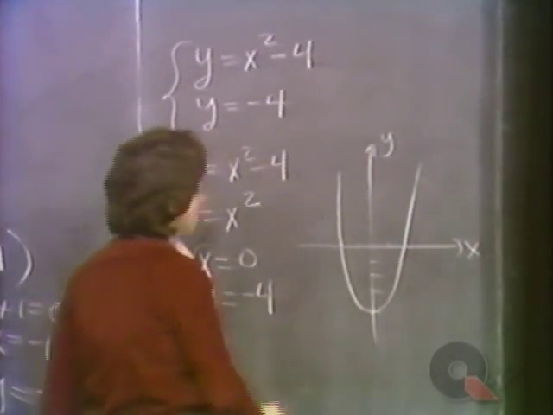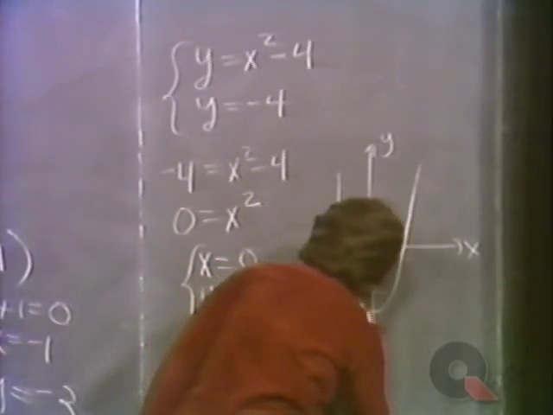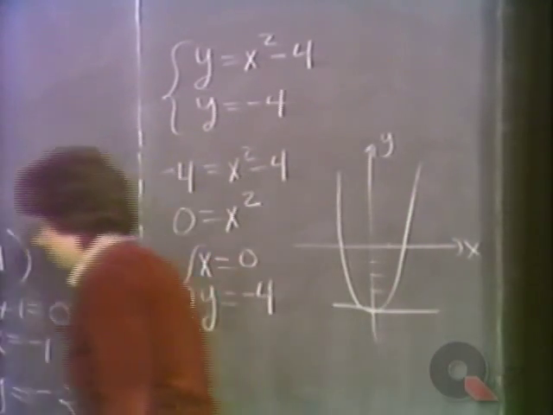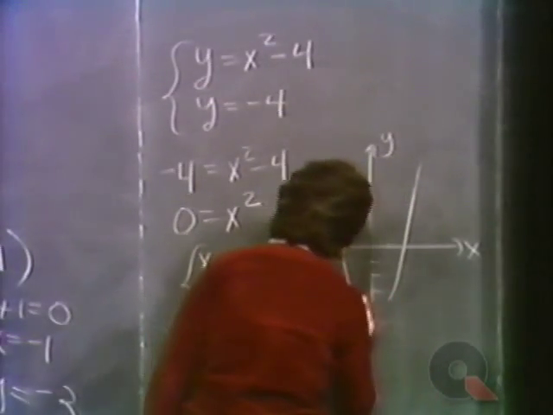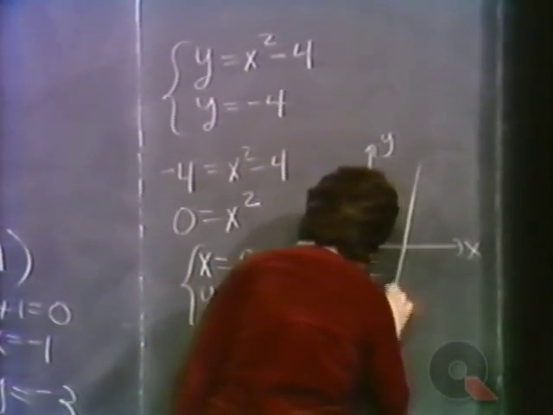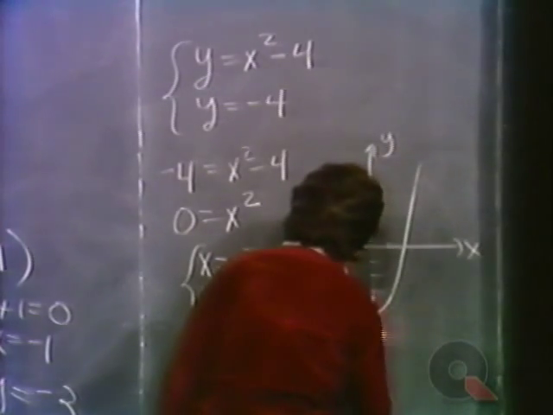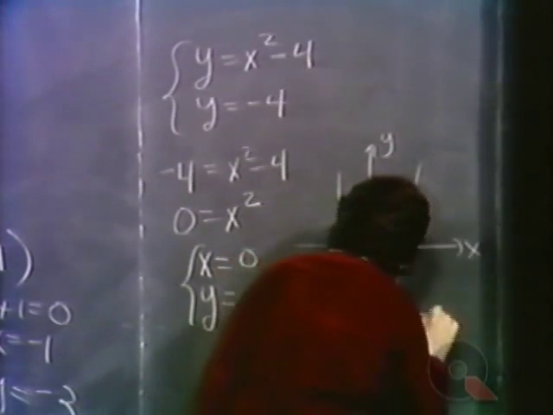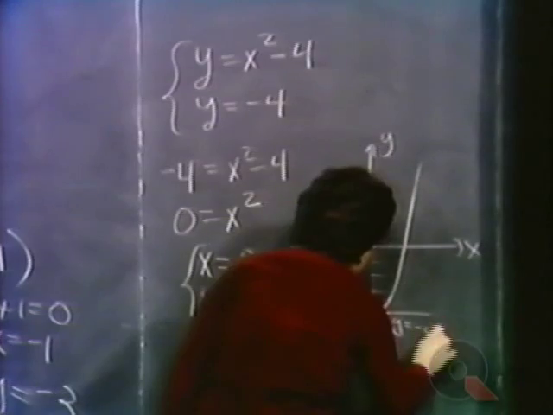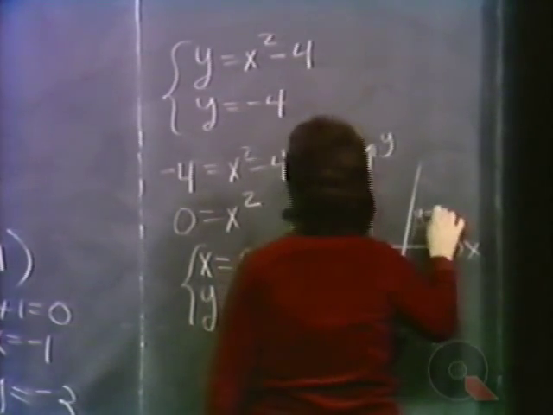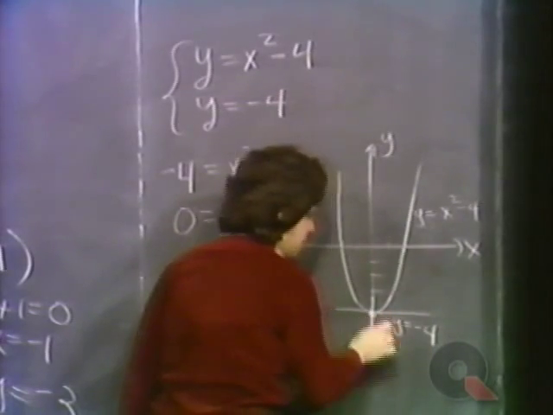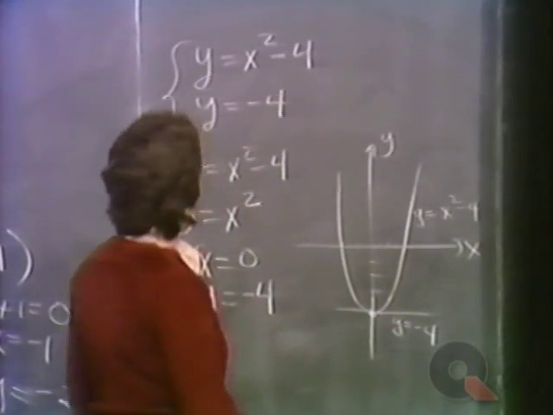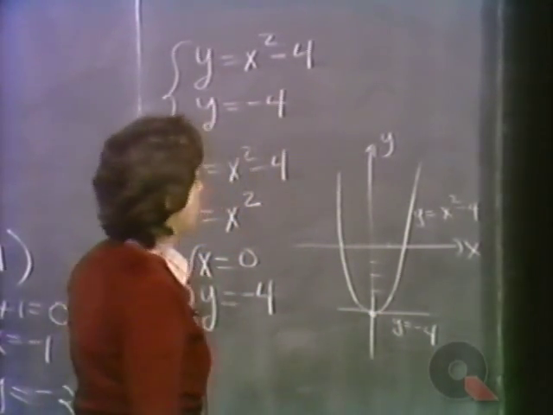It's, of course, a horizontal line. Let me sketch it a little better here. Here is y equals -4. This is y equals x squared minus 4. We see that the line cuts the parabola in only one spot, namely at the point 0, -4.